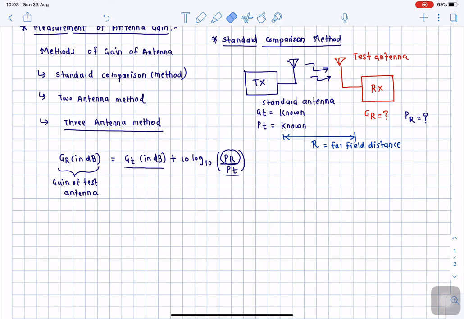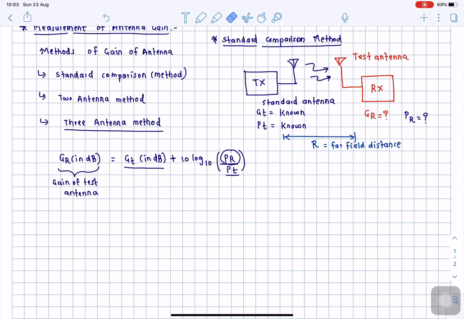So if we make use of identical antennas both at the transmitter and receiver, by using this equation we can calculate the unknown gain, and this particular method we call the two antenna gain method.